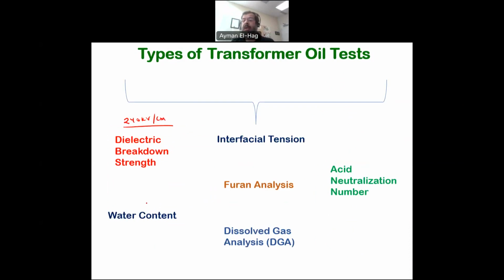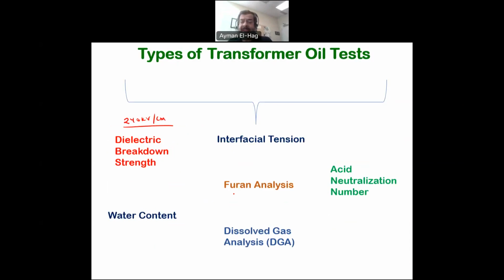Water content: water can enter for different reasons, some of them chemical, some of them environmental. The transformer can catch some water, and we need to make sure that the oil doesn't reach a certain dangerous level. Interfacial tension is basically an indirect measure of the availability of polar material like water in oil.